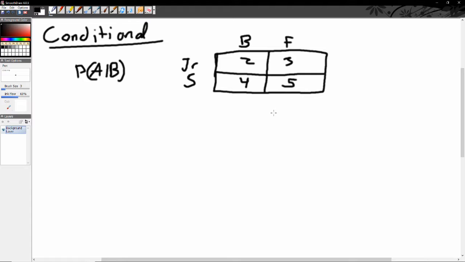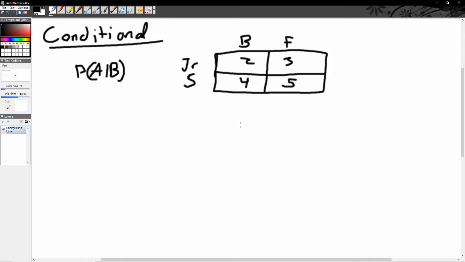The way conditional probability would work is, let's say B is the probability that you play baseball, and A is the probability that you're a senior. So the probability of A given B would mean the probability that given you play baseball, you are a senior. So what that means is we will look only in this B category because the given information is that we play baseball.